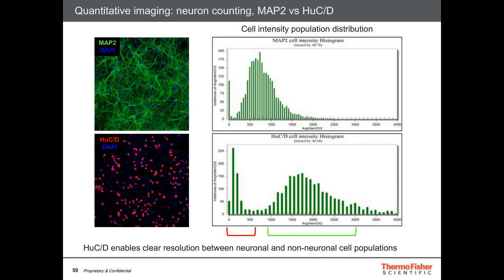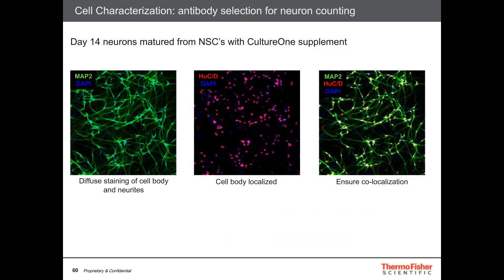On the x-axis is intensity, so the higher intensity population is on the left, and closer to 0 you have the non-neuronal low intensity population. Comparing that to the MAP2 histogram on the top, you can see that there's a lot of overlap of the positive and negative population. So again, UCD enables clear resolution of the neuronal and the non-neuronal population.